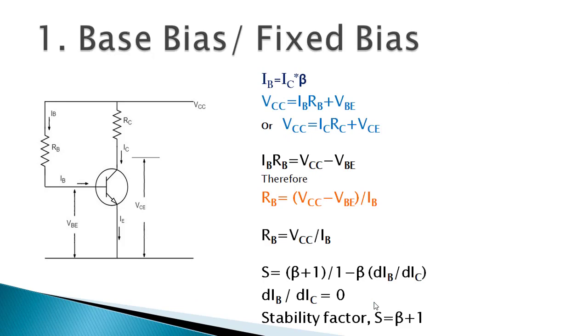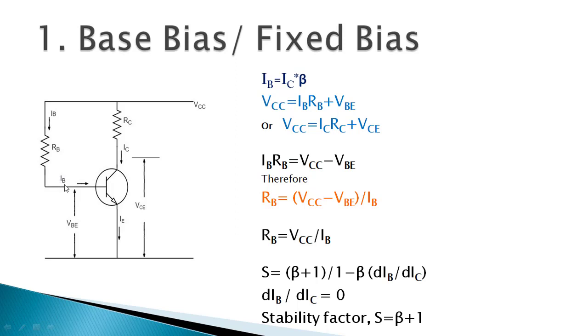We are going to see the first method of biasing, base bias. In base bias, the required amount of zero signal base current is obtained by a base resistor. A resistor is connected between the base and the supply voltage VCC. The required zero signal base current is obtained from this RB using this VCC.